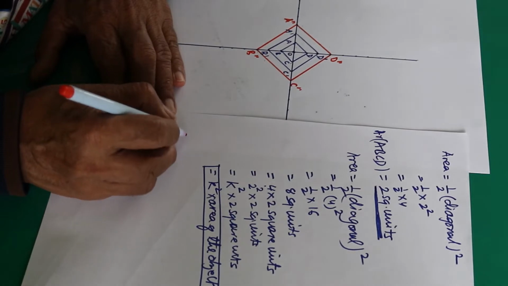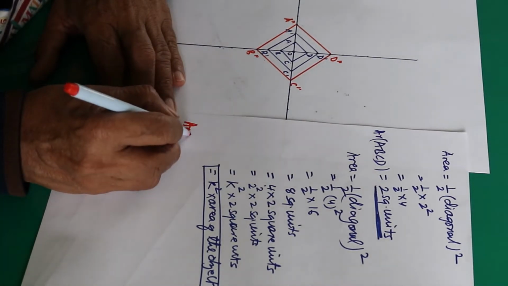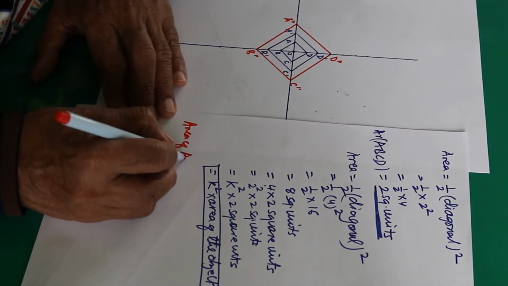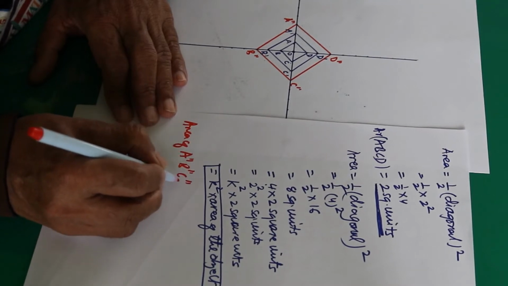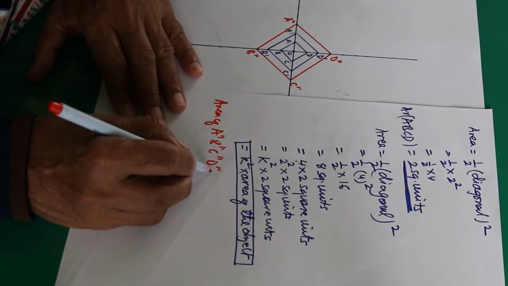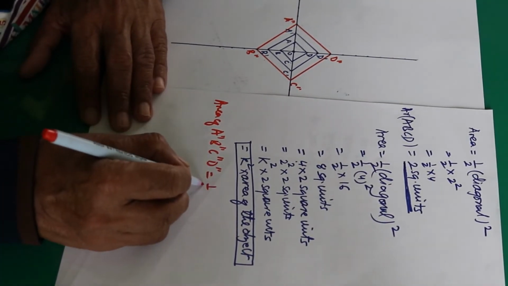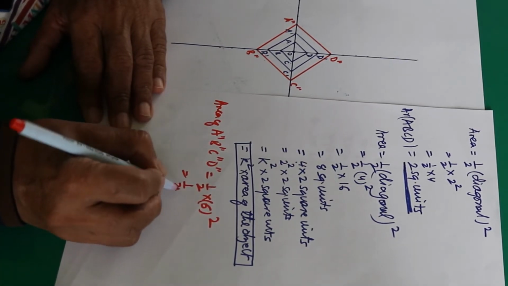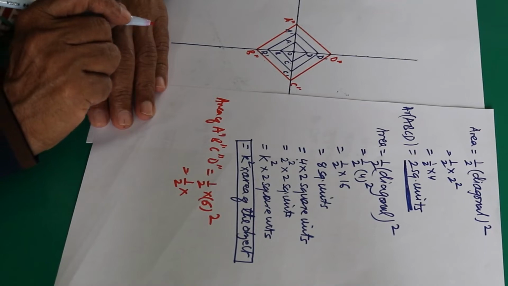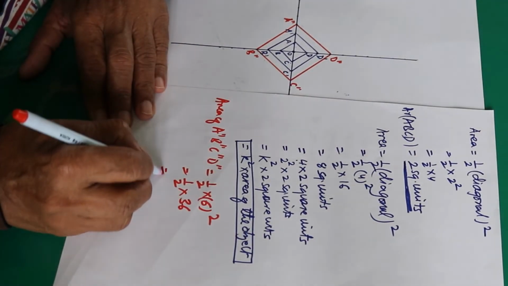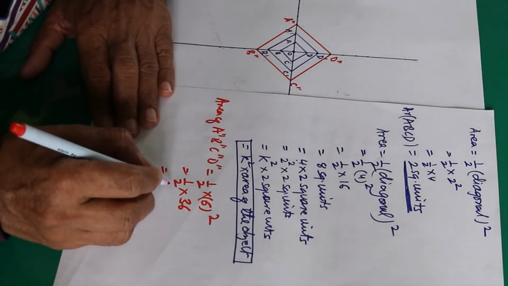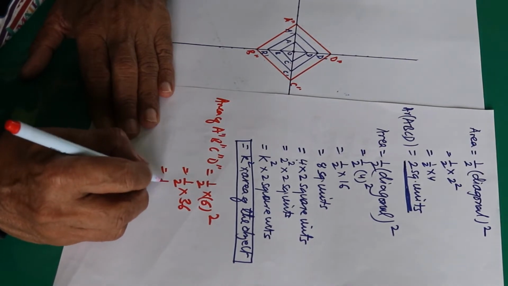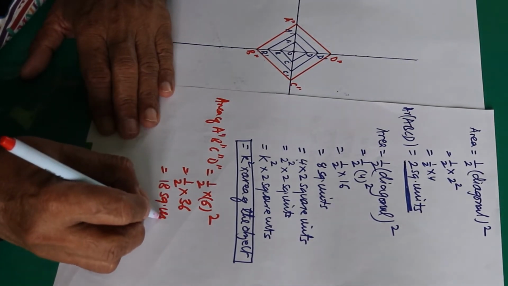So here the area of A double dash B double dash C double dash D double dash is equal to, again, half diagonal square. Half diagonal is 6 whole square, 1 by 2 into 6 square is 36, and it gives us, how much is this? This is 18 square units.